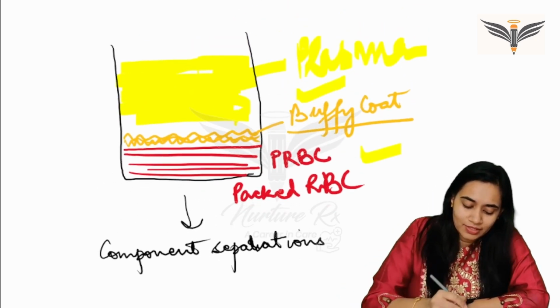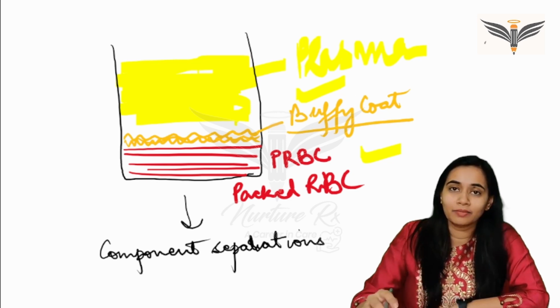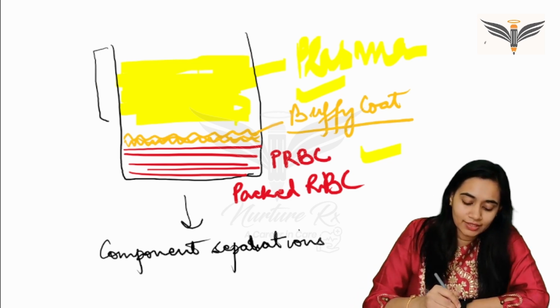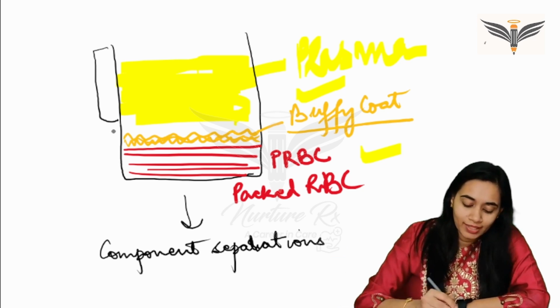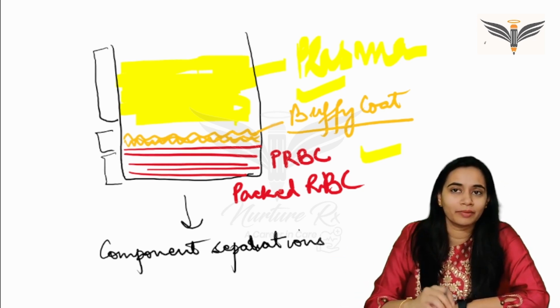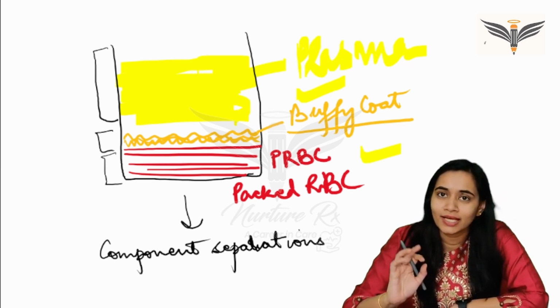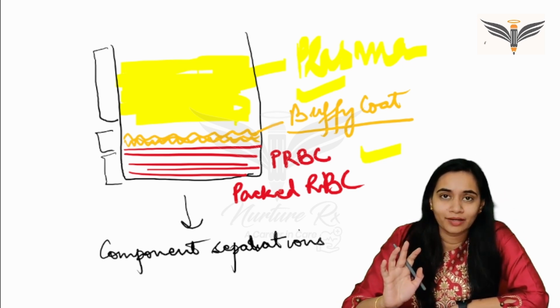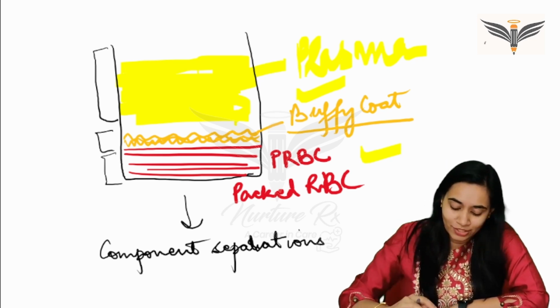So what happens is, first of all, these bags are connected with other bags also. So firstly, this plasma bag is taken out into another bag. Then this buffy coat is separated out, and this PRBC usually remains in this bag, and if needed, any additive solution is added in this PRBC. Okay, so now you know how this component separation occurs.